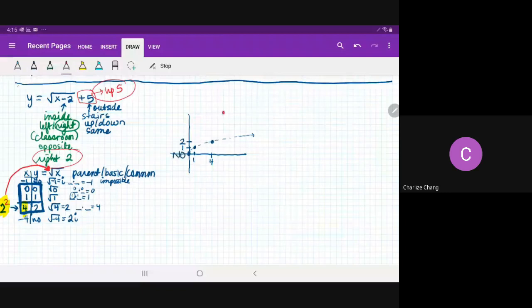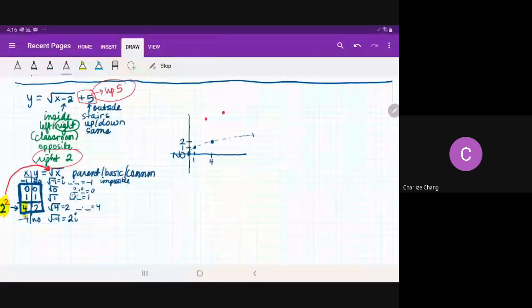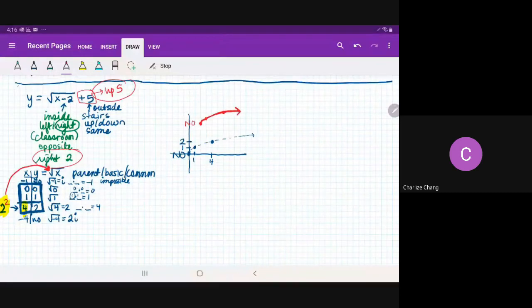Right 2, up 5. Right 2, up 5. And then no is over here. And then that's your graph. Okay, so graph that.